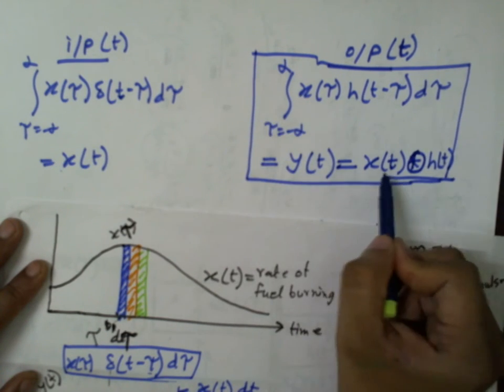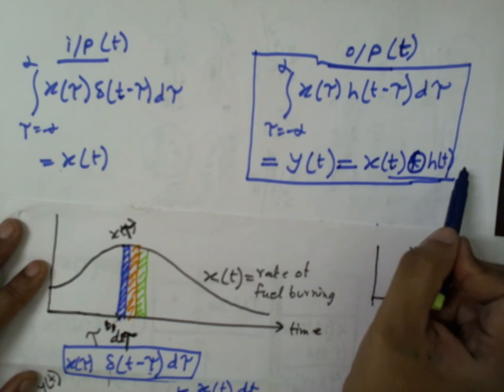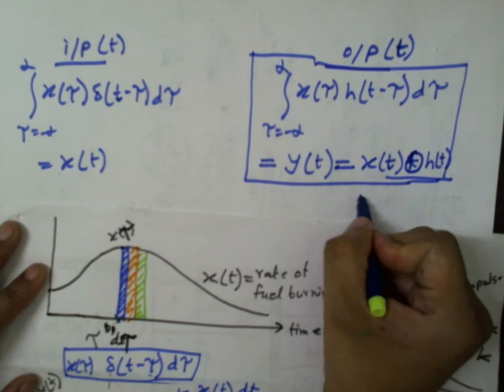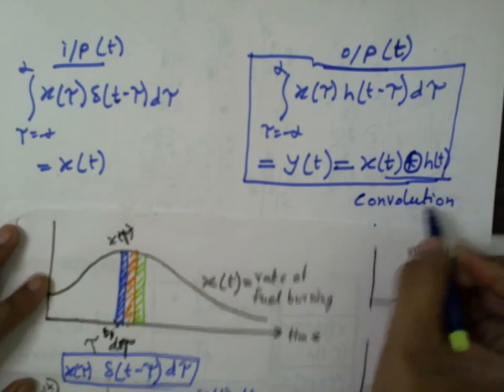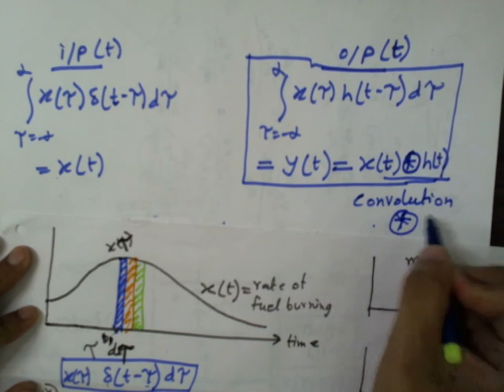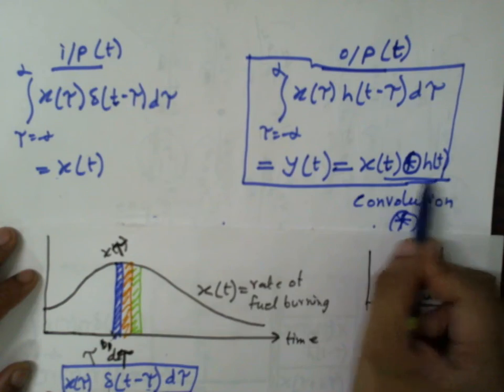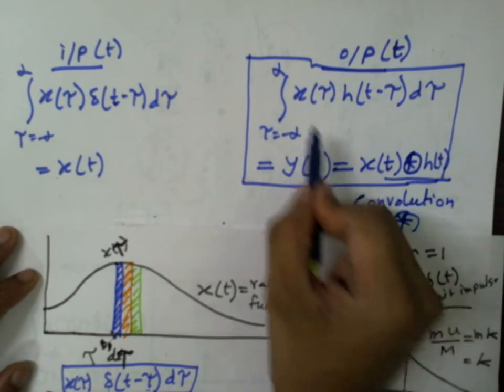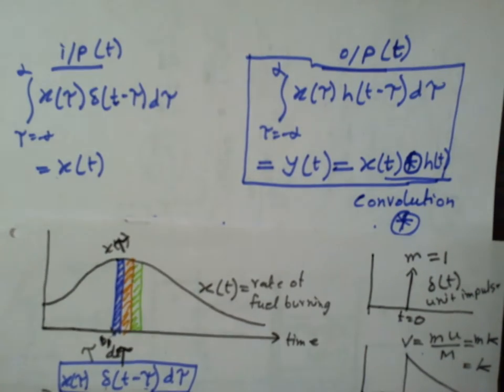In shorthand, this is called a convolution. The star within the circle stands for this operation of convolution. So given x(t) and h(t), we add them in this manner and we get the output.